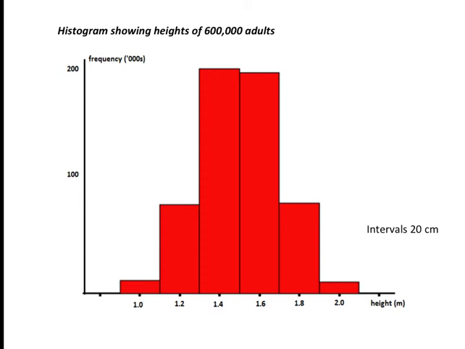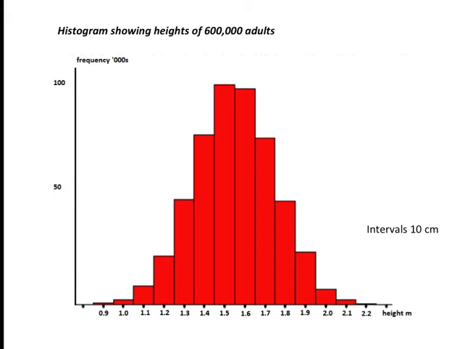In practice, many variables have distributions that closely resemble the important theoretical properties of the normal distribution. For example, the following histogram summarizes the height of 600,000 adults using a class width of 20 centimeters. Reducing the class width to 10 centimeters gives the following histogram.